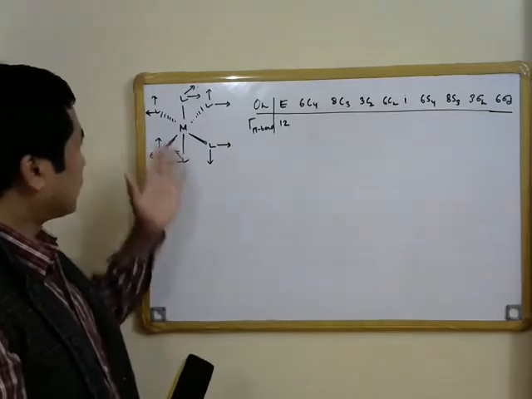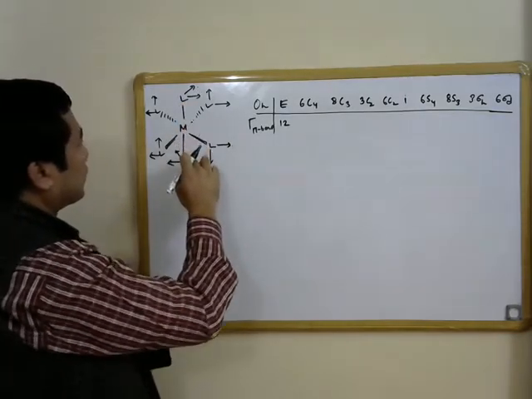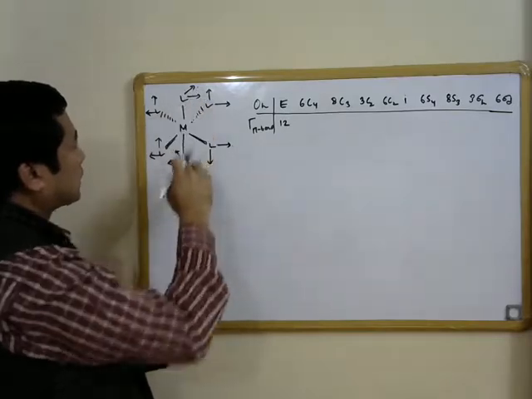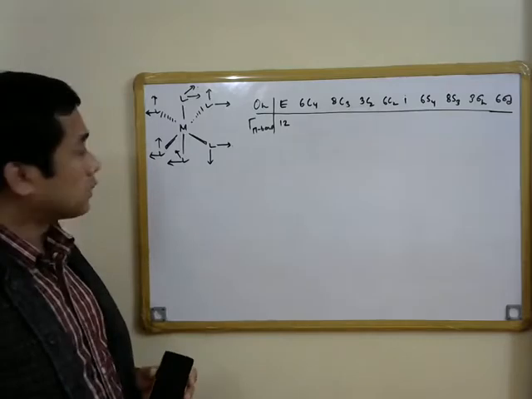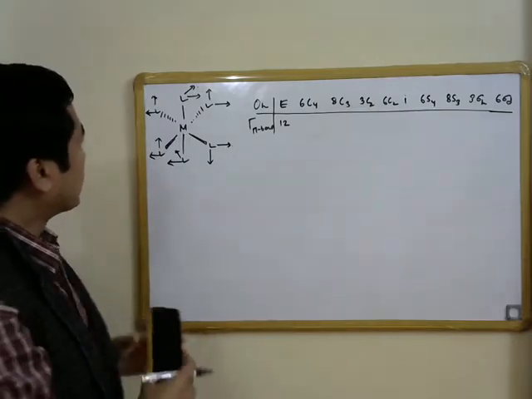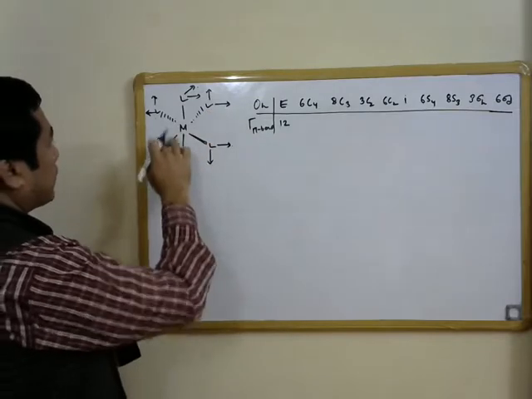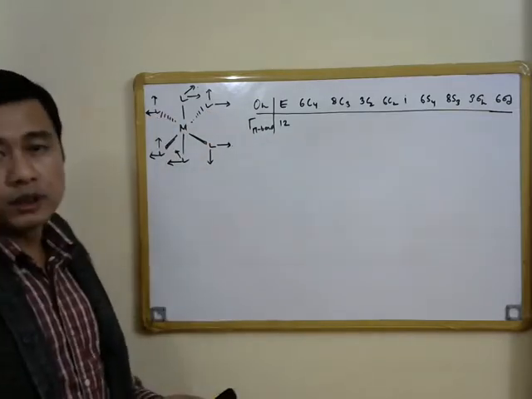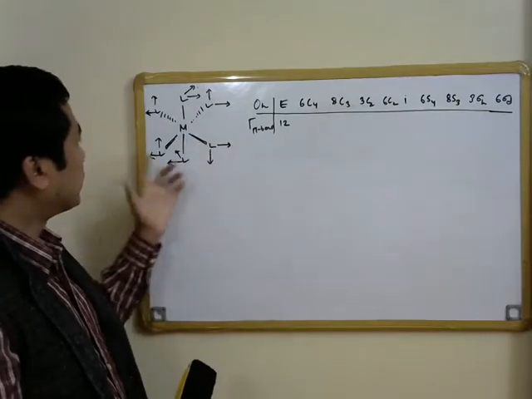Let's assume this C4 axis passes through these axial M-L bonds. When we do the C4 operation, all the bond vectors on the ligands which do not fall on the C4 axis will change position, and that is why they are going to contribute 0.